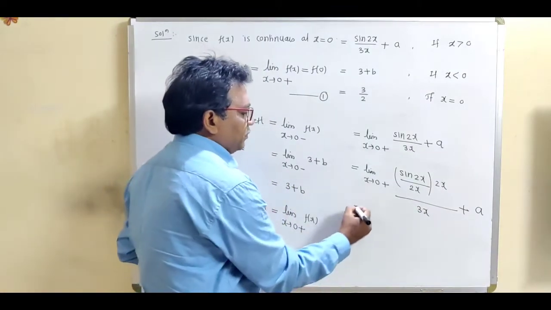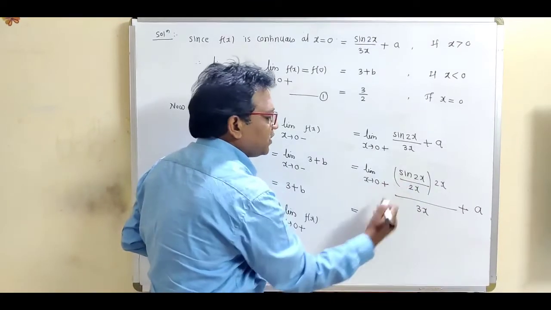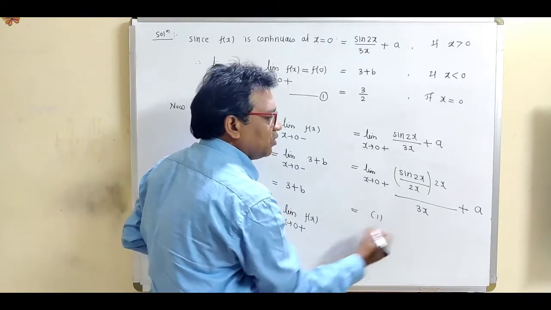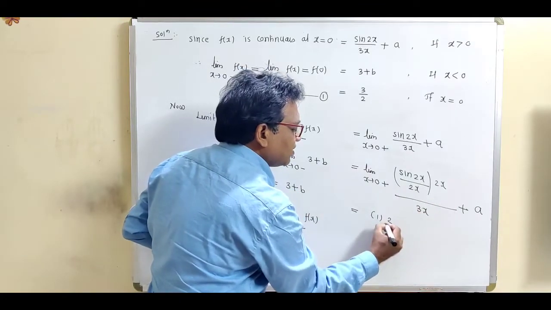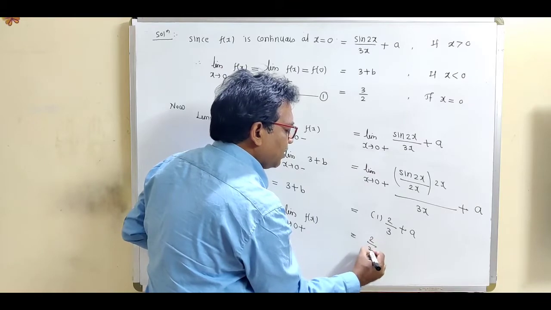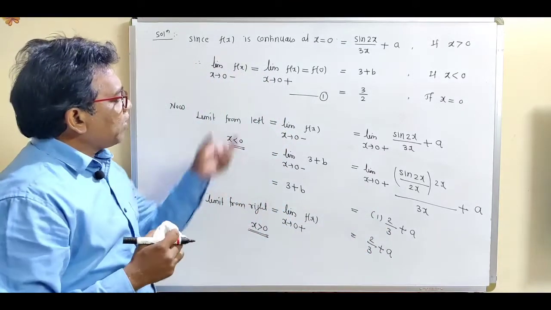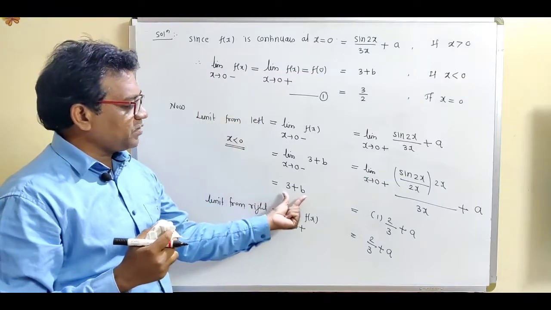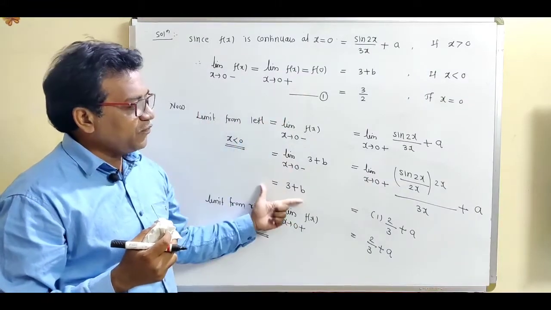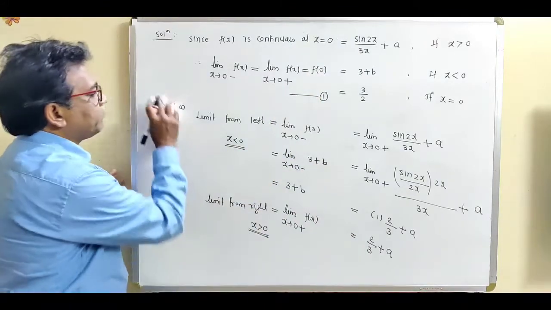So solve this limit, sin theta upon theta is 1 as theta tends to 0, x gets cancelled, so this is 2 by 3 plus a. So this is the right hand limit which is 2 by 3 plus a. So we have found this limit from left which is 3 plus b. We have found this limit from right which is 2 by 3 plus a. Now let us find out this value of function.